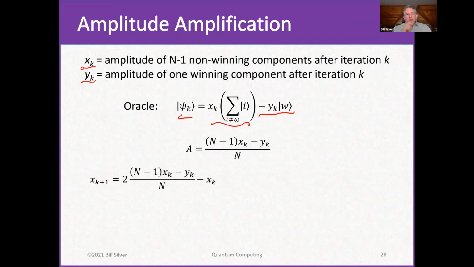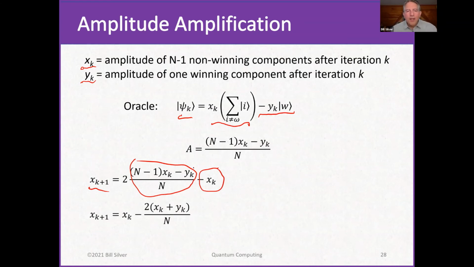In the next iteration after k, in other words k+1, remember it's twice the average minus the identity. So there it is, twice the average minus the identity. And this can be rearranged algebraically to look like that. That's a recurrence relation, if you will, for the amplitude of the non-winning states as Grover runs.